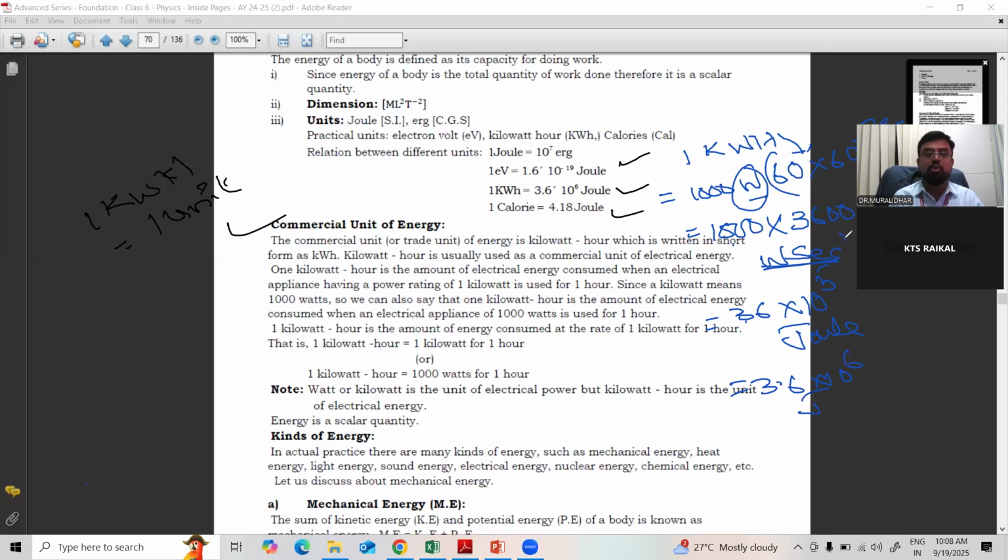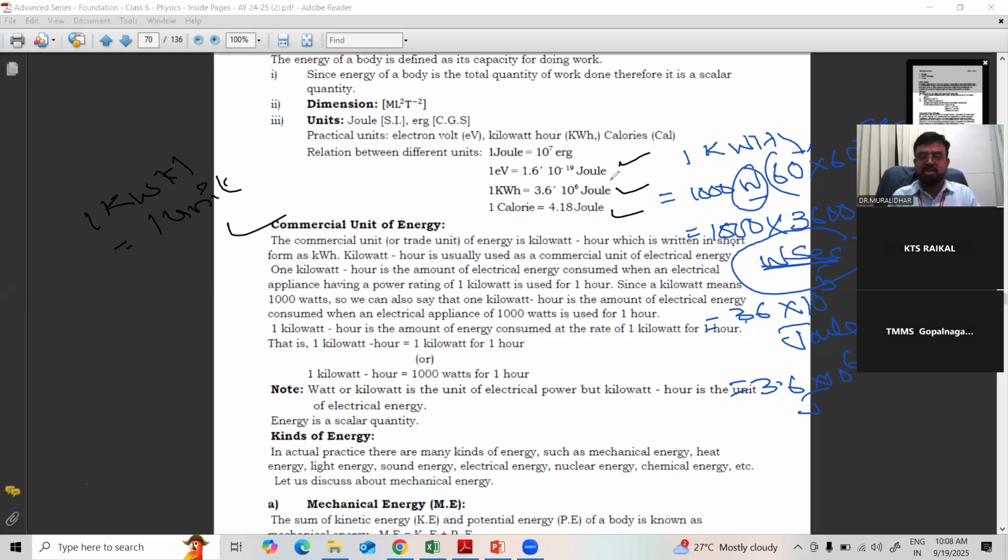How watt second is joule will come across next when we discuss power. Right? That is the commercial unit, or largest unit, of electricity. Commercial unit of energy is 1 kilowatt hour.